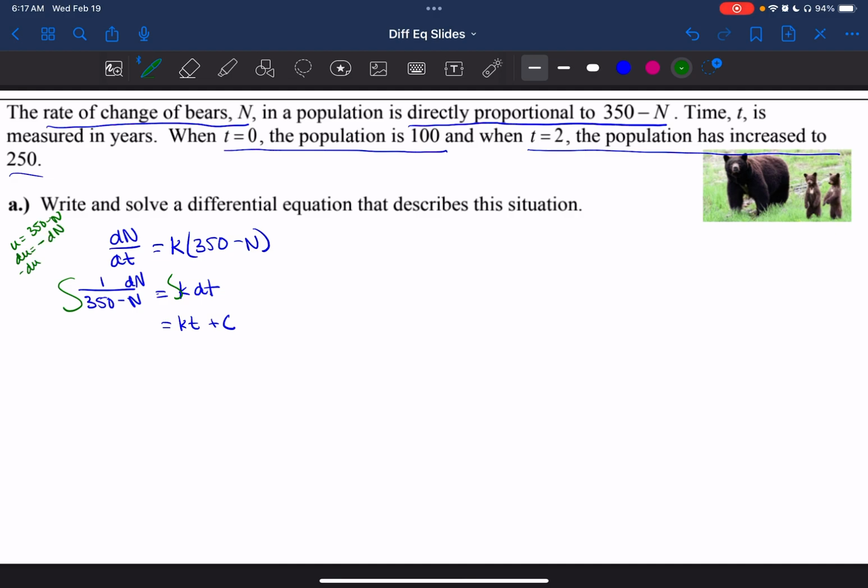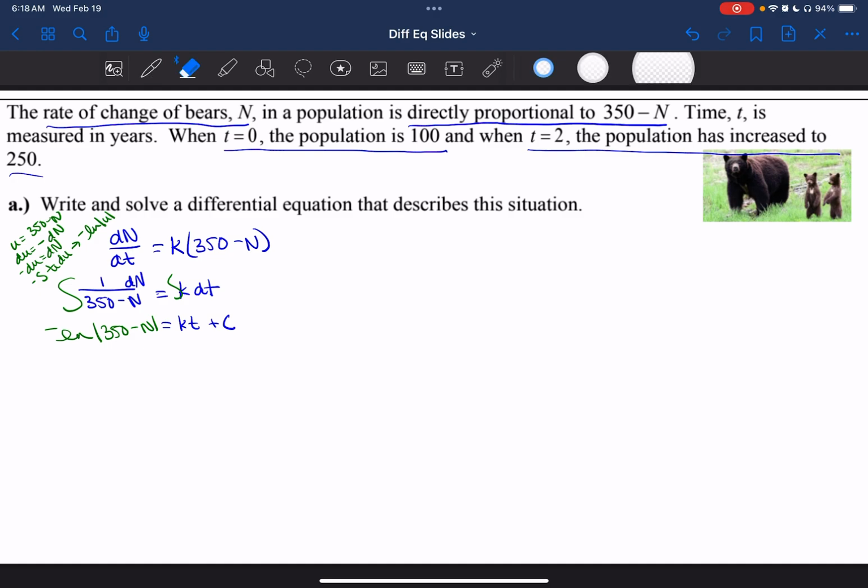So negative du equals dn. So I'm looking at the negative integral of 1 over u du, which gives me negative natural log of the absolute value of u. So on the left, I have negative natural log of the absolute value of 350 minus n. Okay, so I've got to figure out what k and c are here.